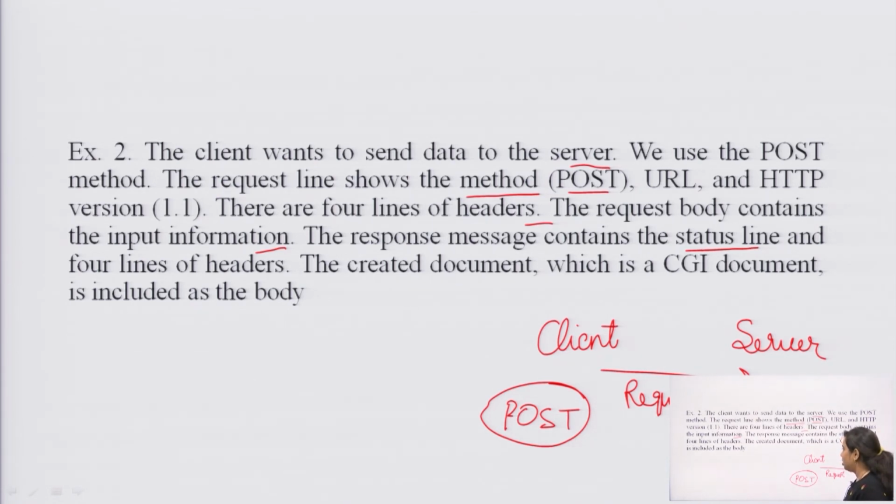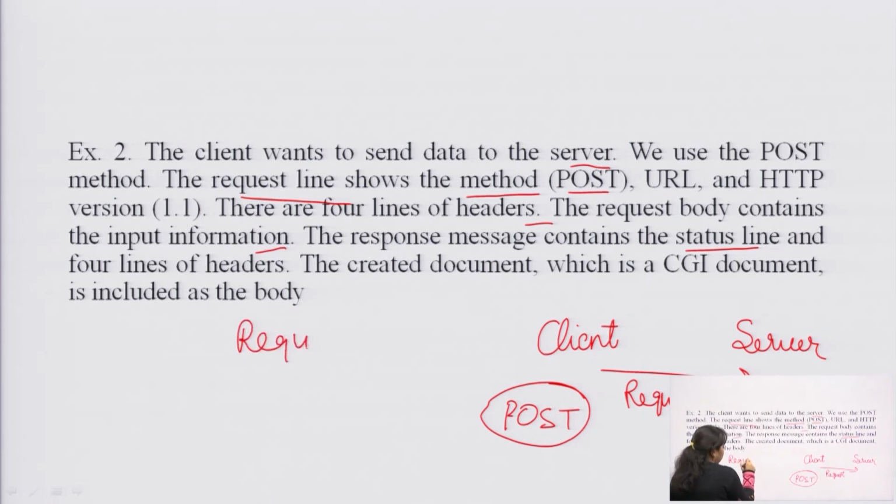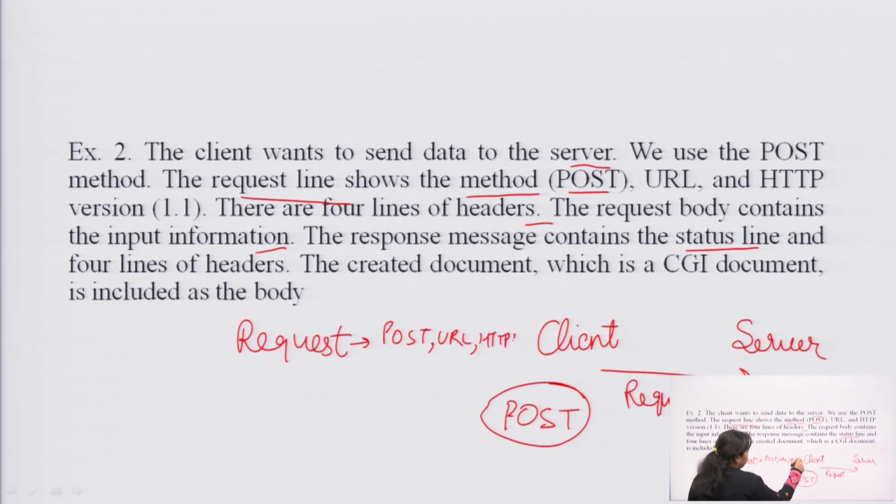So, this also first shows the request line, and this is how you have to frame the request and the status line. The request consists of POST, the URL, then the HTTP version 1.1. Then the response consists of 4 lines of header.